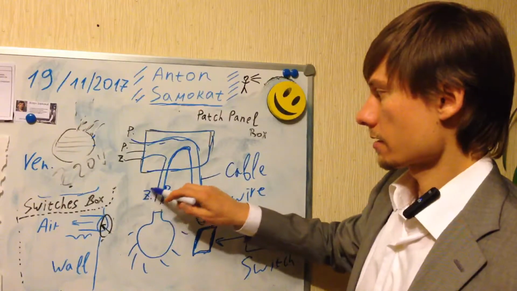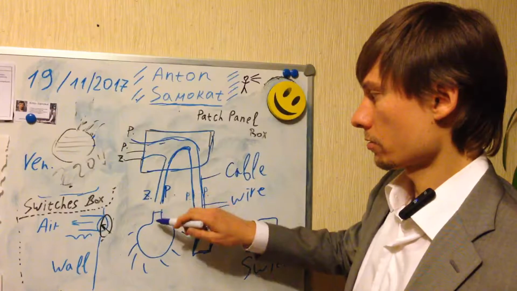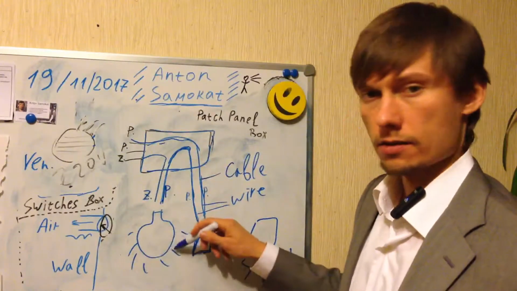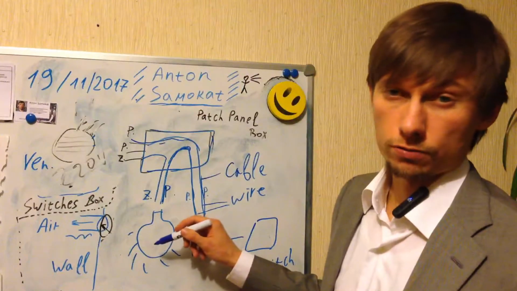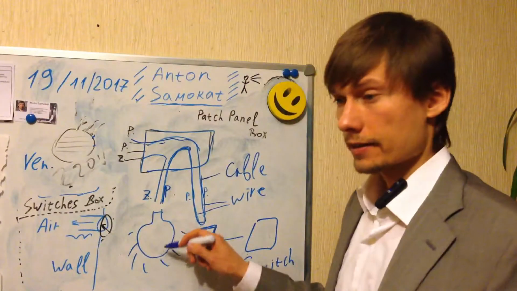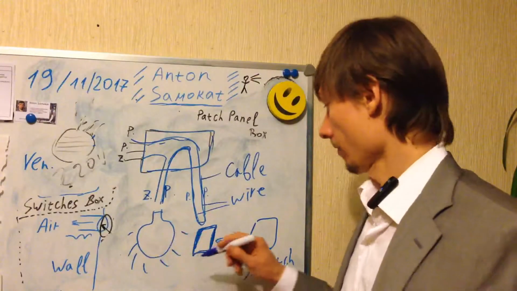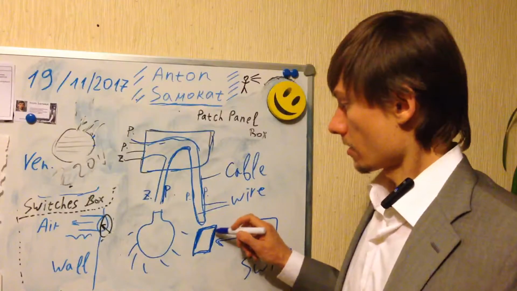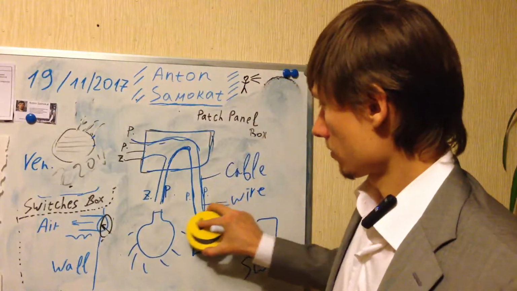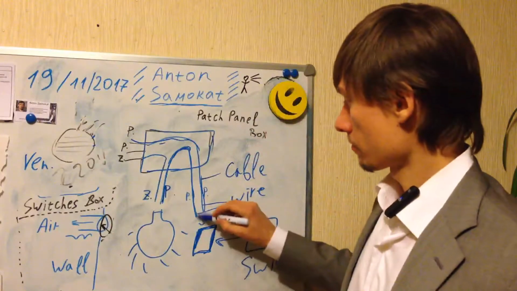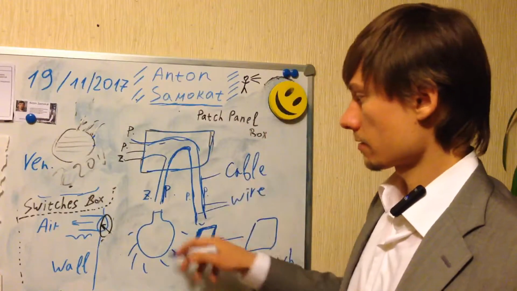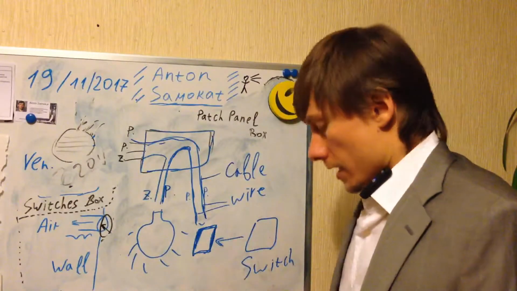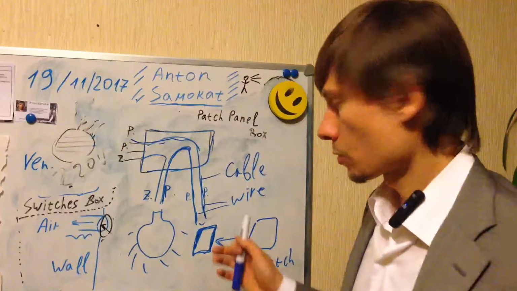And here the zero also goes to the lamp and is also connected, so the light is shining. When the switch is off, the connection between these phases is lost and the light is off. So pretty simple.